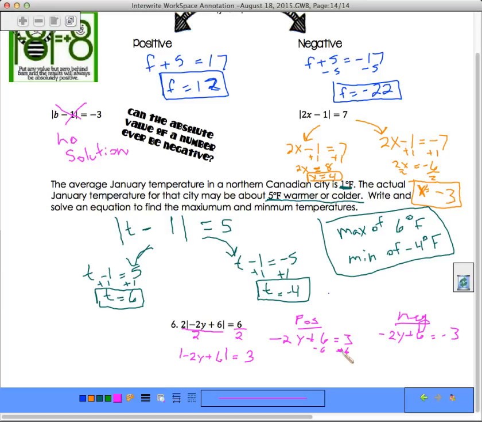That should be a minus. And we have negative 2y equals negative 3. And then divide by negative 2 to get y by itself. I get y equals, I can just reduce this down to just 3 halves because a negative divided by a negative is a positive. Or you could write 1.5, that's fine too. So that's one answer, is 3 halves.